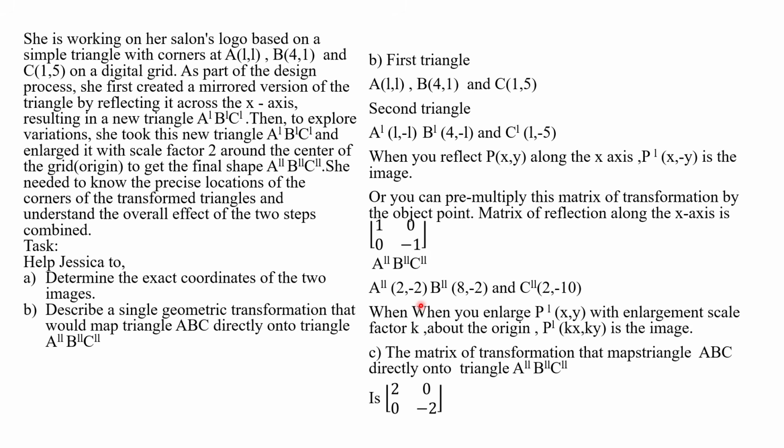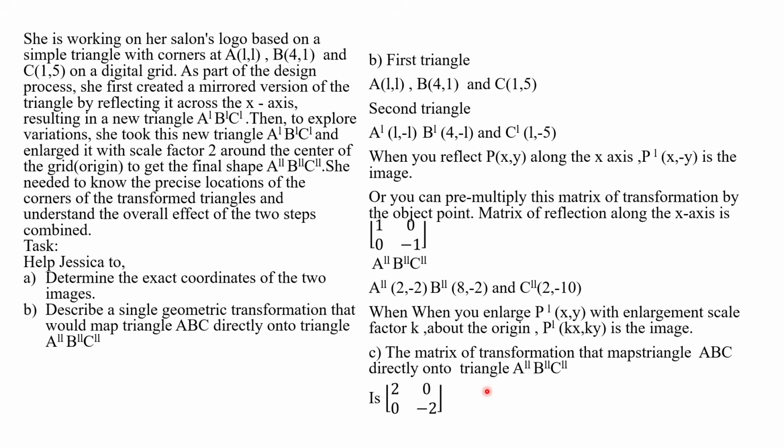So you can get the matrix, then you pre-multiply it with this to come up with the image coordinates A double prime, B double prime, and C double prime. Then you get that matrix. And the matrix I got is 2, 0, then 2, then here also 2, 0, then 0, negative 2.